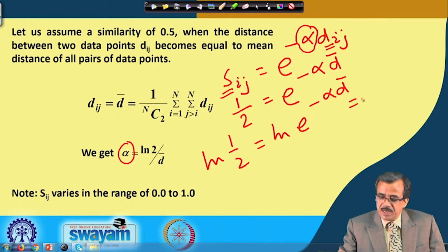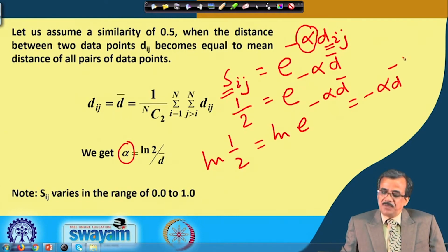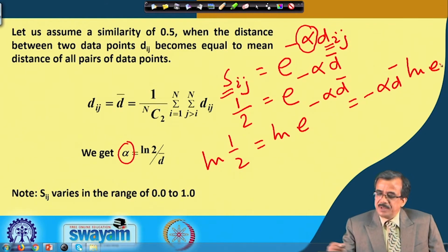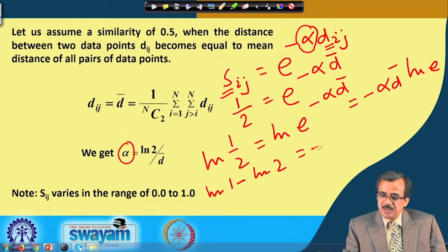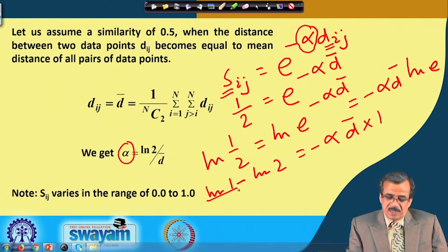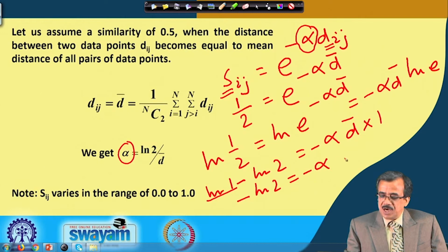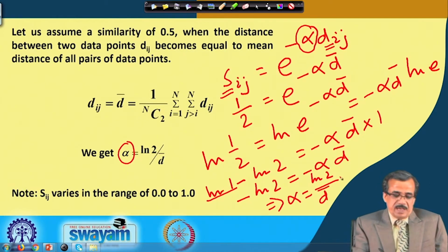Now, this can be written as minus alpha d bar ln e, and ln half can be written as ln 1 minus ln 2. Now, ln e, that is log e base e, equals 1, and ln 1 equals 0. So, I get minus ln 2 equals minus alpha d bar, and from here I can find that alpha is nothing but ln 2 divided by d bar.